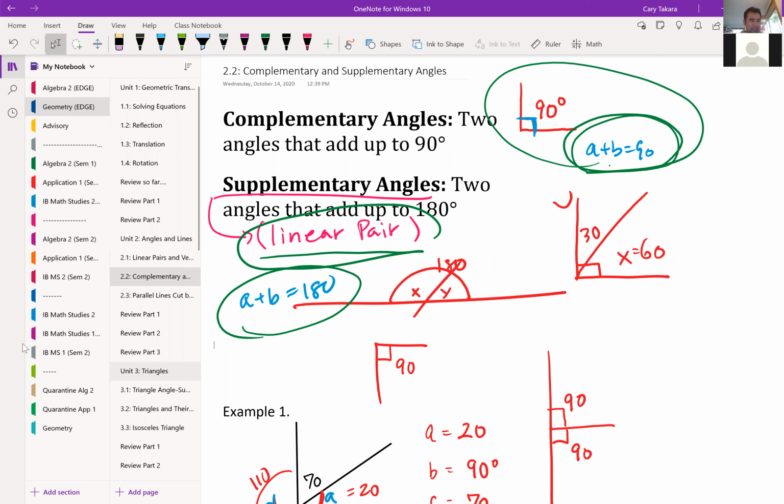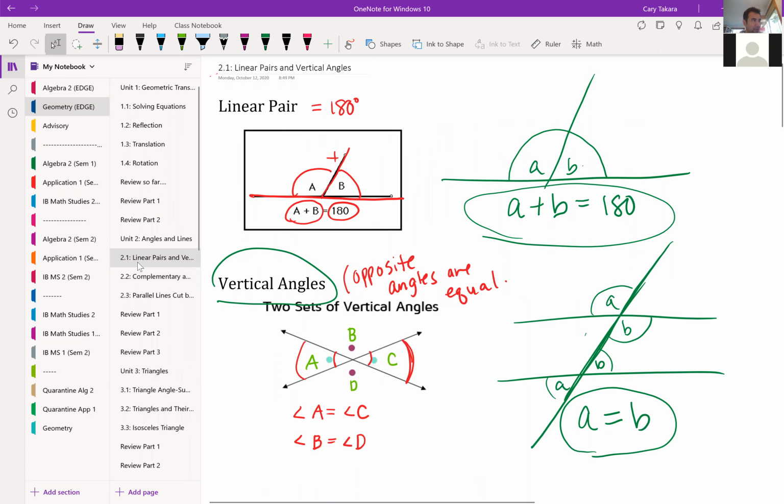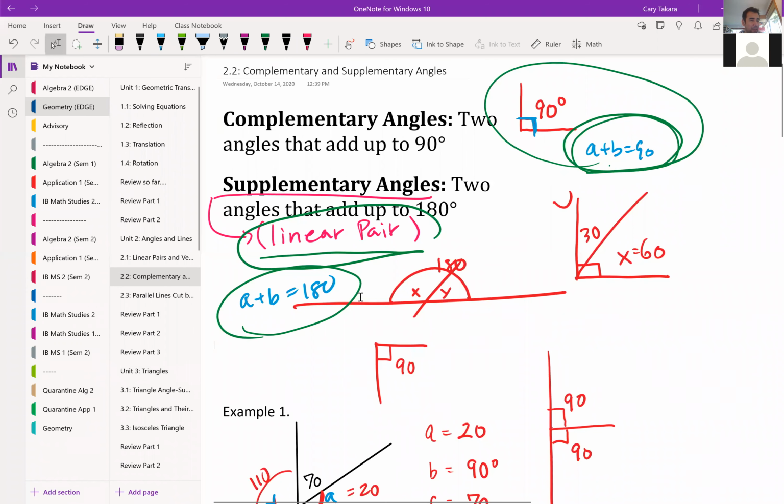Does anybody need to see anything from 2.1 linear pair, vertical angles? Is everybody okay? Last call. Does anybody need this? Okay. And how about complementary and supplementary? Is everybody okay on that?